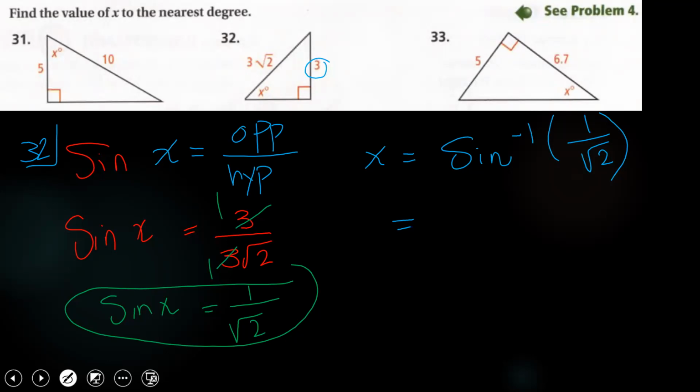Teacher, I got negative 0.024. No, I got it, teacher, 45. Bravo. It will be 45.